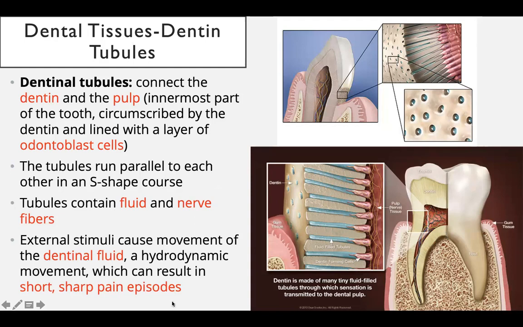Here it is more concentrated. You can see this part is more concentrated, and here they are widely apart, but maybe the number will be equal to this. It depends on how closely they are placed towards the pulp.